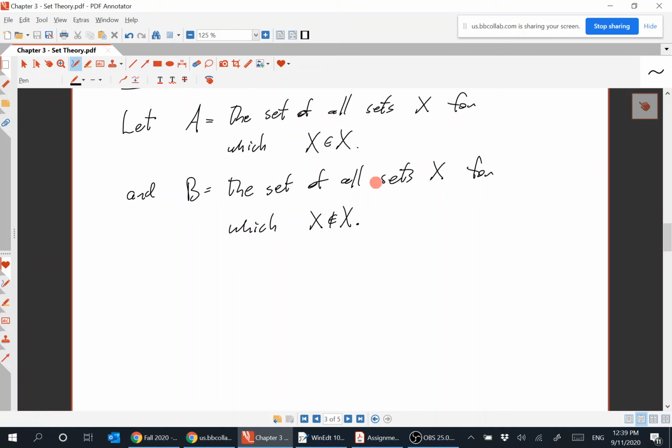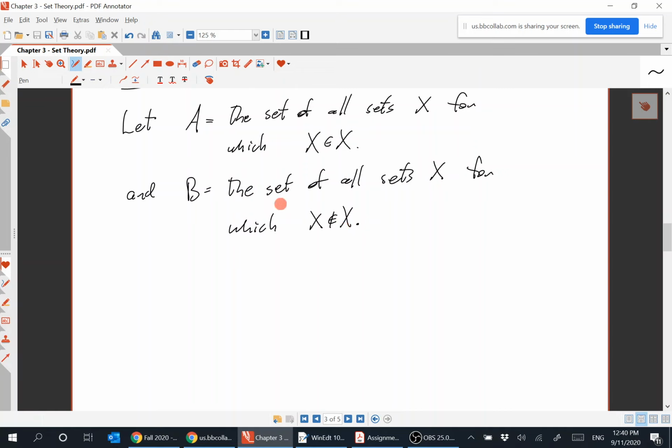B is the set of all sets which are not elements of themselves. So if B is an element of itself, it can't be, because by definition, B is the set of all sets that are not elements of themselves.